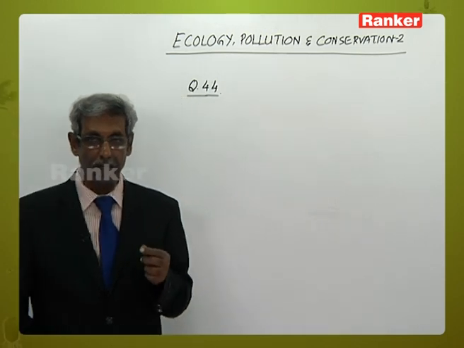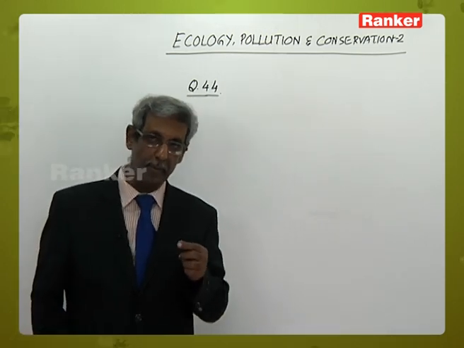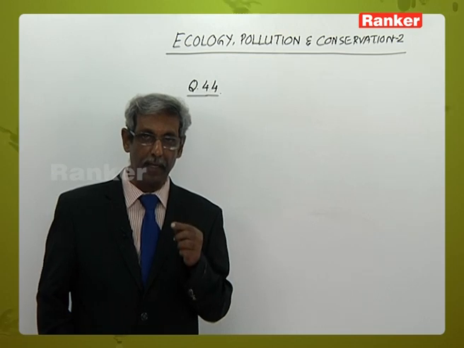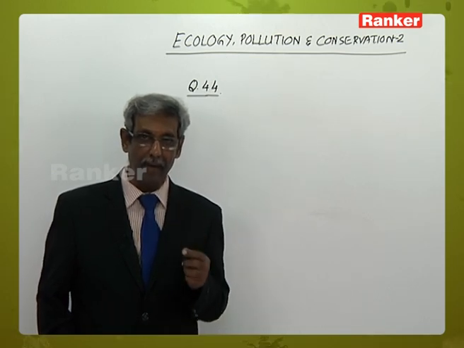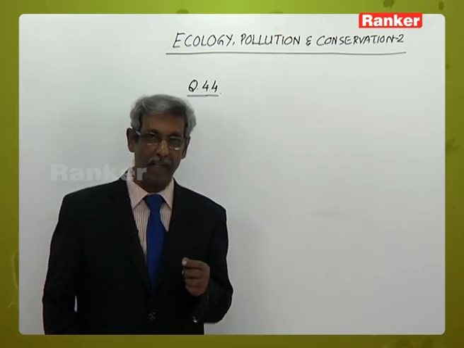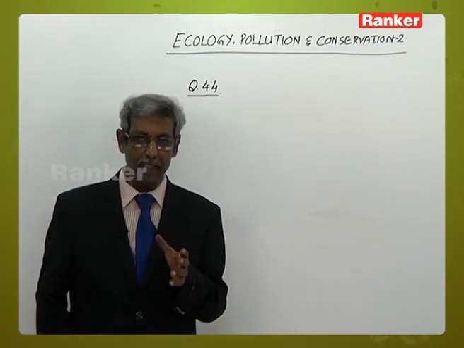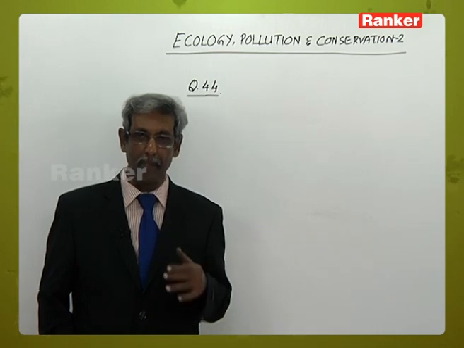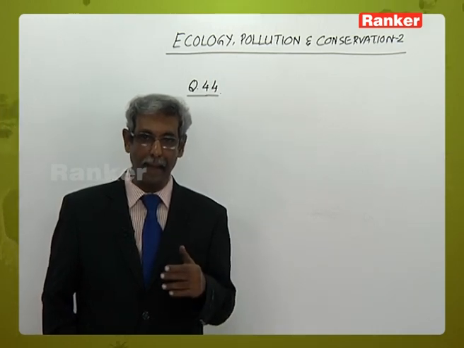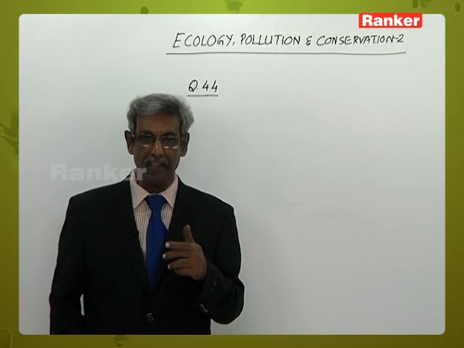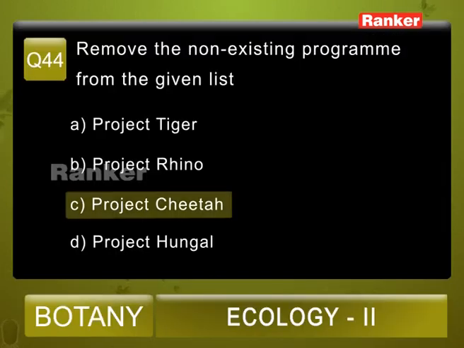Project Tiger is a very successful conservation measure which has occurred at the Corbett National Park. Then we have Project Rhino, which has occurred at the Kaziranga National Park at Assam. Project Cheetah is yet to be established, and Project Hungal is crocodile banking. So, the non-existing program from the given list is C, that is Project Cheetah.